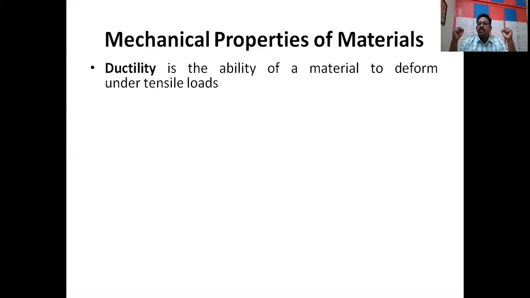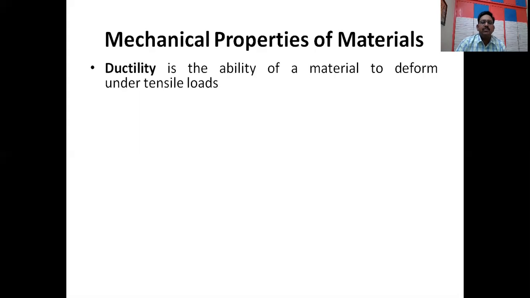So when a tensile load is applied on a body and it deforms, so that an increase in length happens, then that ability of the material to deform is called ductility.